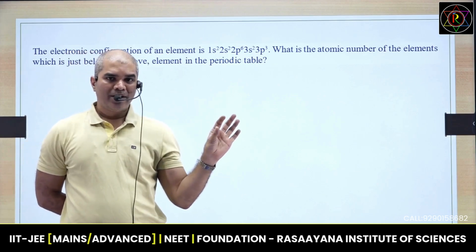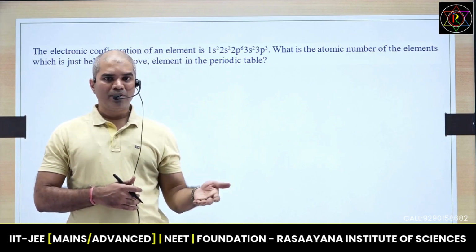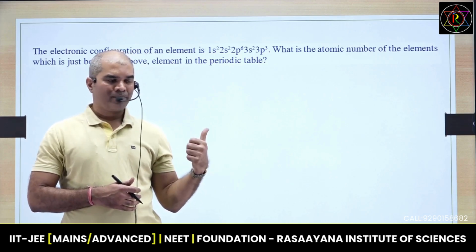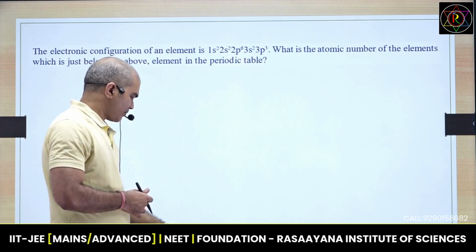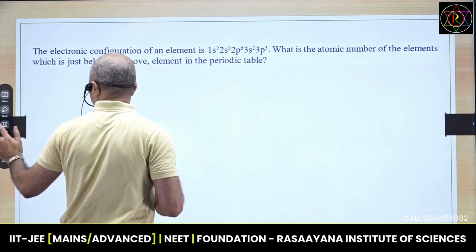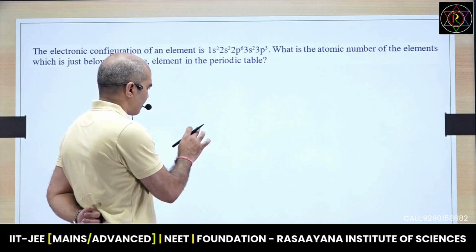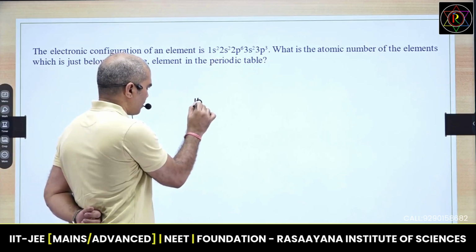So just now I explained 2, 8, 8, 18, 18, 32. If I want the fourth period, you add 18 electrons to this. So you add 18 to this. This is already atomic number 15.